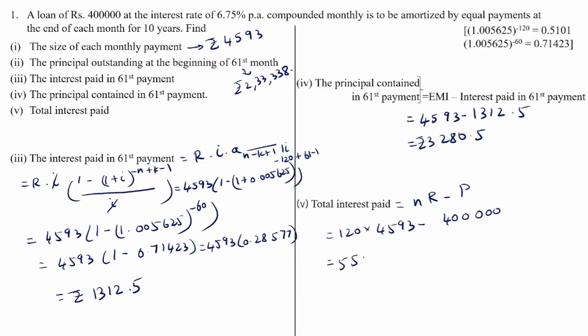So this is 5,51,160 minus 4 lakhs. So it is 1,51,160. So this much is the total interest paid. So if we remember the various formulae, we can find the answer for each of these subdivisions.